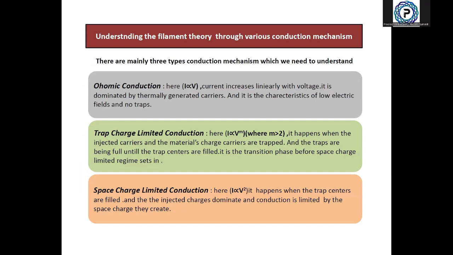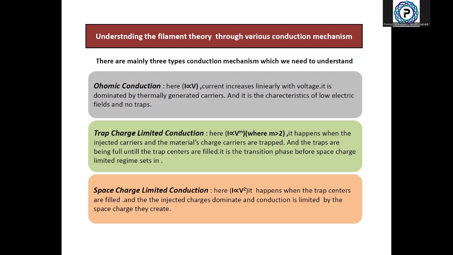We know there are three types of conduction mechanism that happen in a dielectric or a semiconductor. The first type is ohmic conduction, where I is proportional to V. The second is trap charge limited conduction, where charges start to get trapped inside the trap centers, and when the trap centers are full, space charge limited conduction takes place.